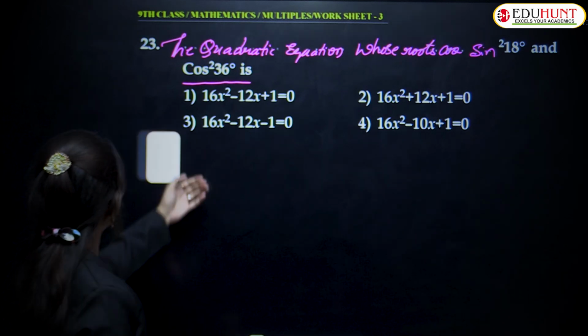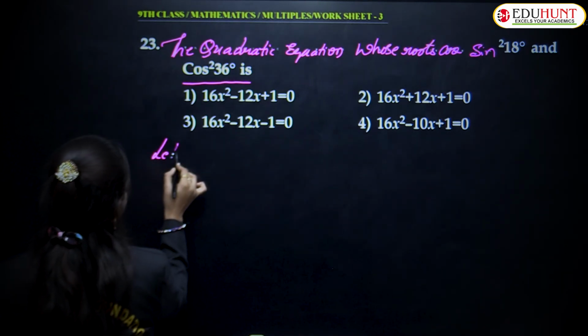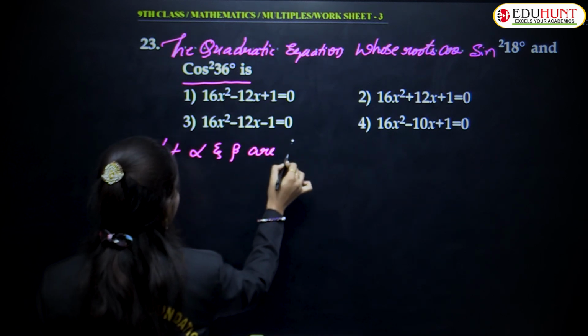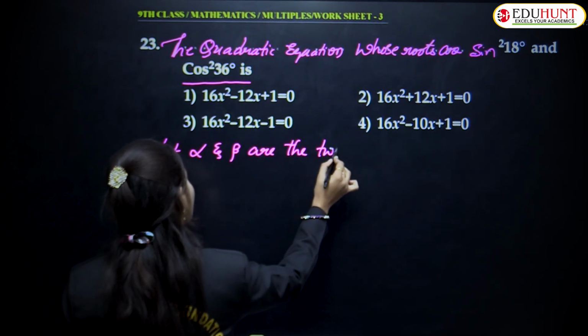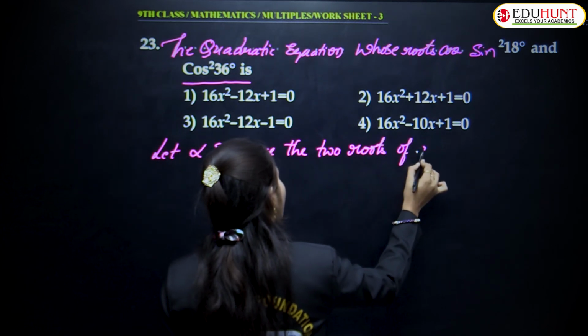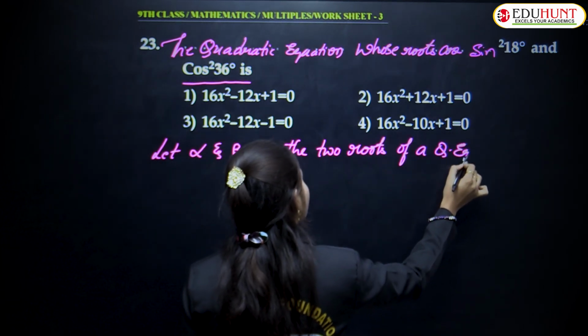Let alpha and beta be the 2 roots of a quadratic equation.